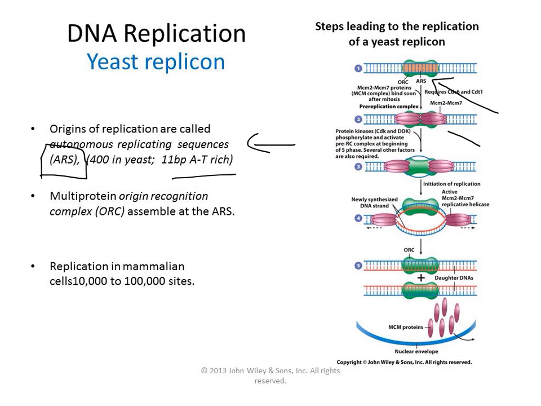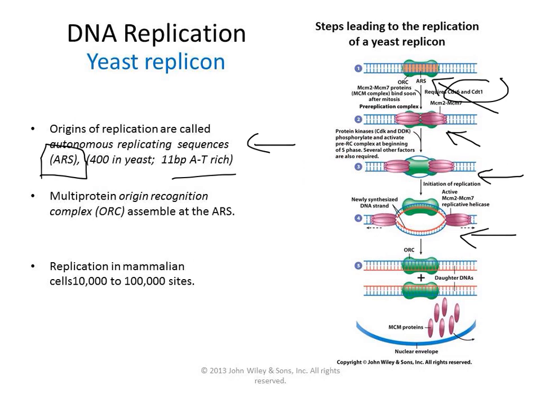Some other proteins are important in binding to the ORC, such as the MCM2-7 proteins, and also CDC6 and CDT1. And ultimately, changes to this complex at the origin, which is initiated by important kinases involved in initiation of the division process, will help lead to opening of those two strands so that we form bubble formation and initiate the replication process.